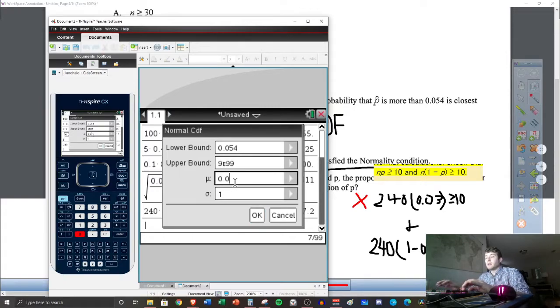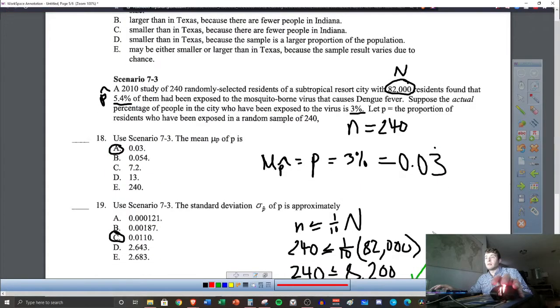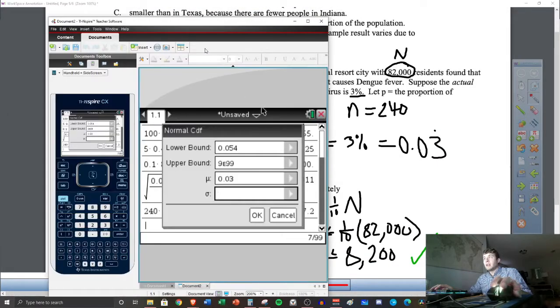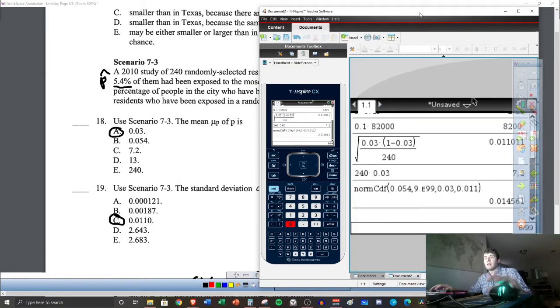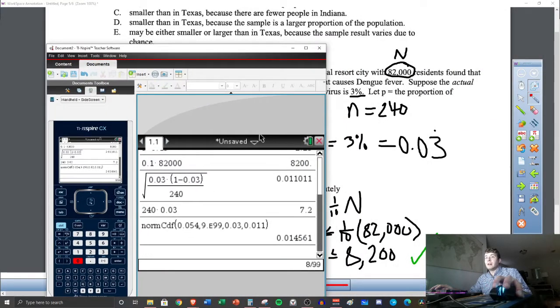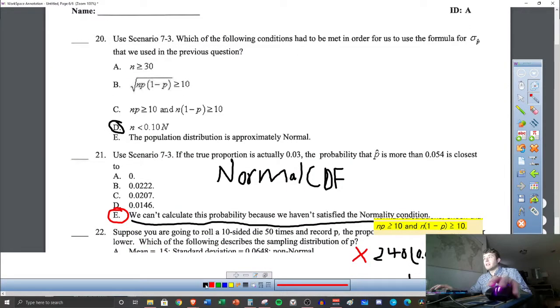The mean would be 0.03. Standard deviation would be the one that we calculated, which was that one there. We calculate it, and you'll notice that they're going to have that answer on here.